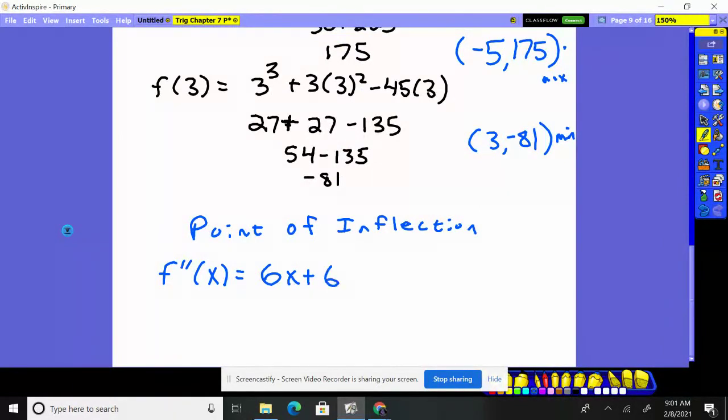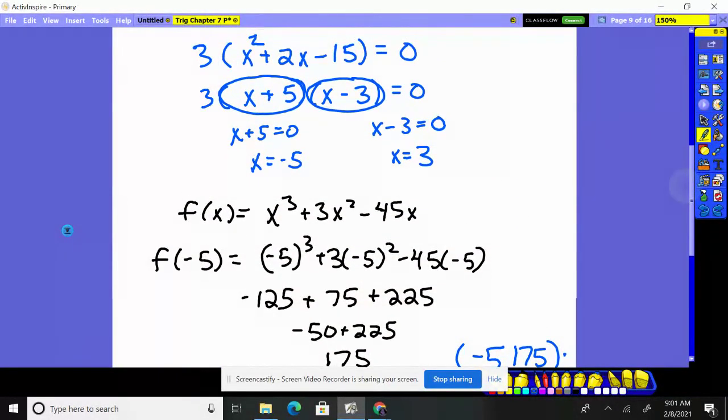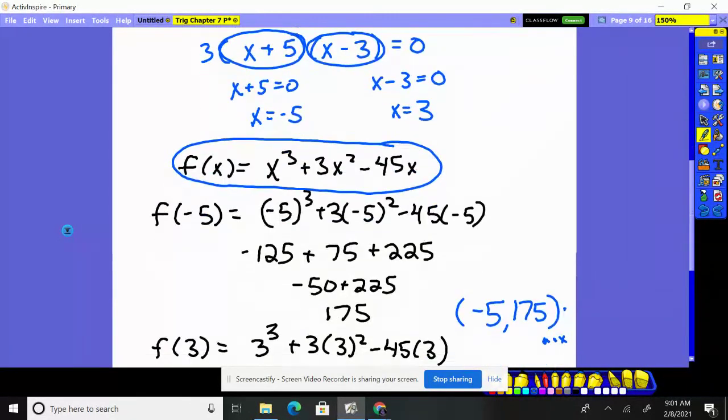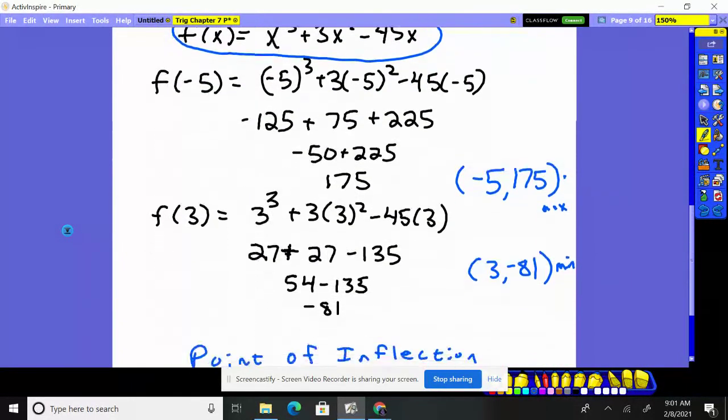Now, the nice thing is this is pretty easy to set equal to 0. You solve it, you're going to get negative 1. You do have to come back to the original equation here and plug negative 1 in there. Now, luckily, that's going to be easier.